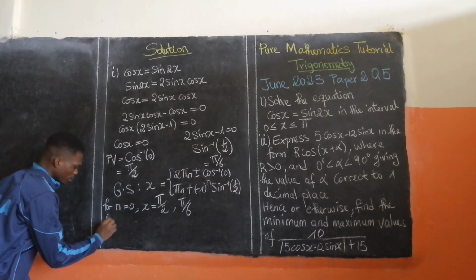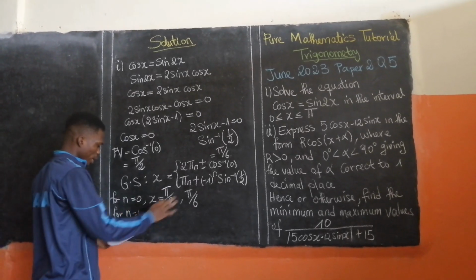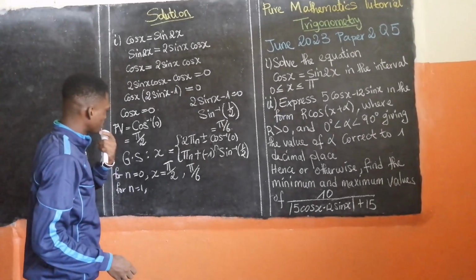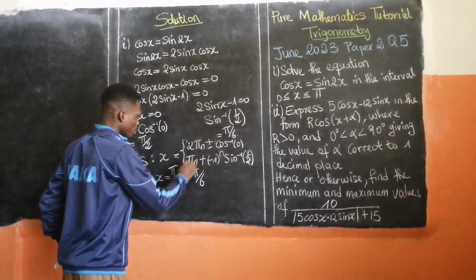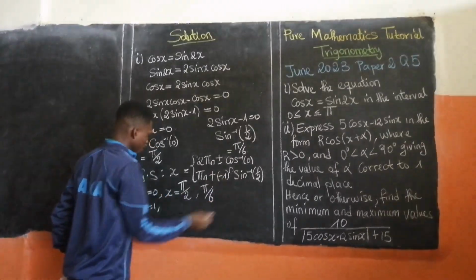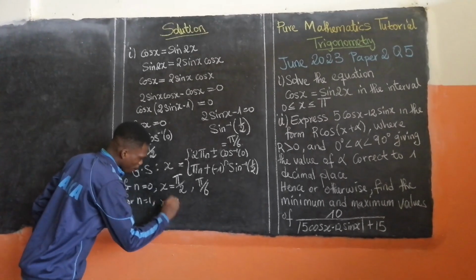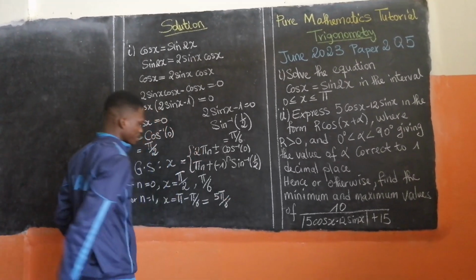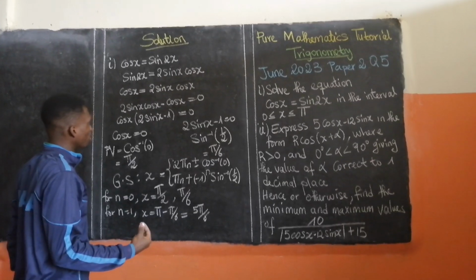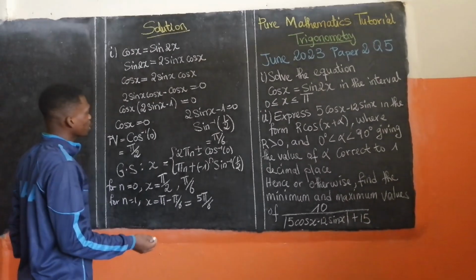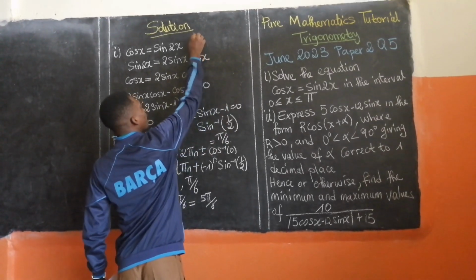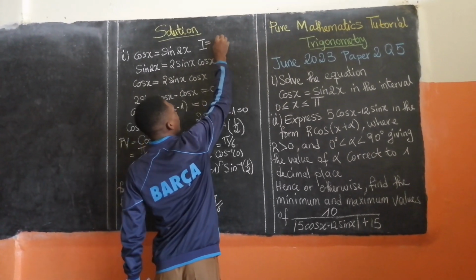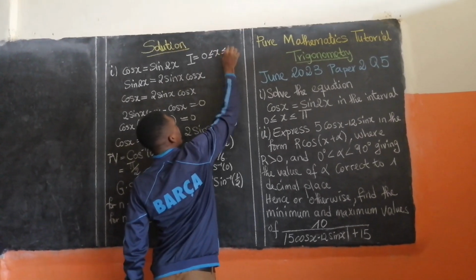Then now we put n equal to 1. For n equal to 1, directly we are going to have x is equal to pi minus pi on 6. And this gives us what? 5 pi on 6. Now, let us recall the interval that we were given. The interval I was x between 0 and pi.